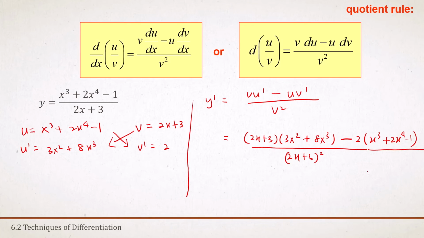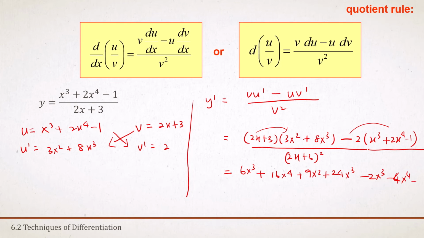Okay, unfortunately here you need to expand it. So now over here I have 6x cubed plus 16x to the power 4 plus 9x squared plus 24x cubed, and expanding here 2x to the power of 3, and don't forget this is minus, so it's minus 4x to the power 4, and the last one is plus 2, and the denominator is still the same, never expand it.